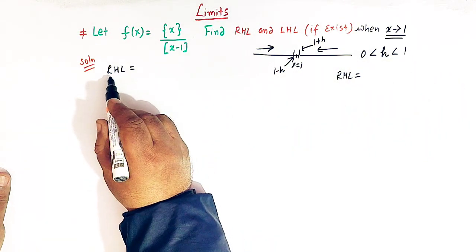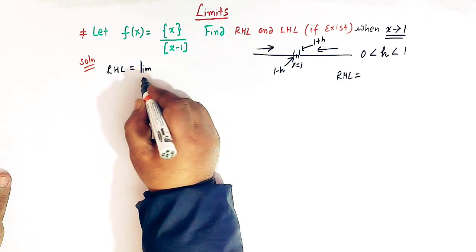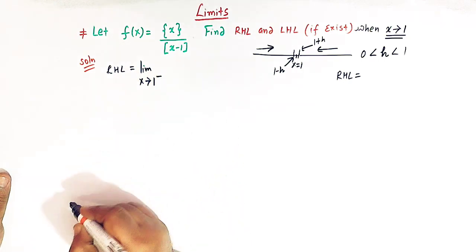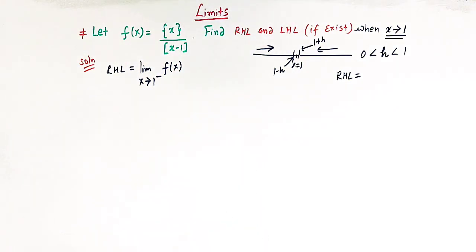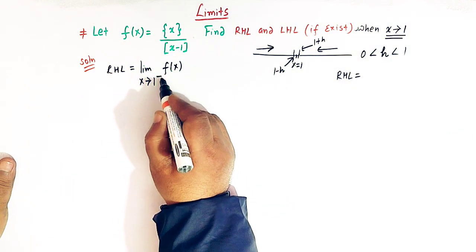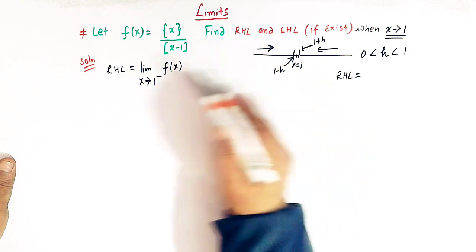For the left hand limit, we take the notation limit x tends to 1 with a negative sign, then f of x. This negative sign shows that we are approaching x is equal to 1 from the left.